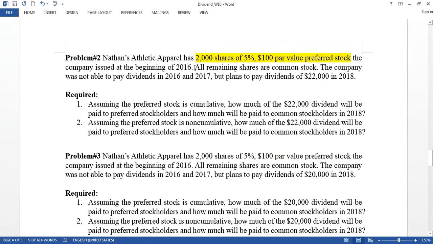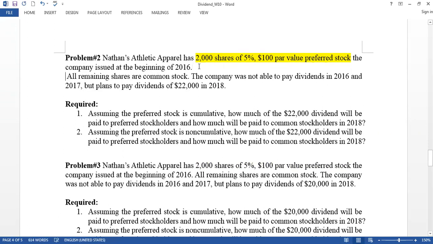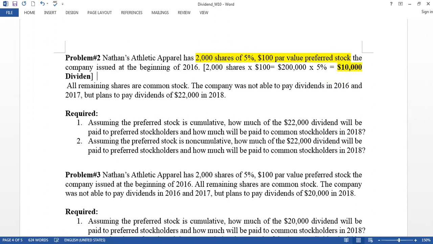This is your dividend. So you find that $10,000 is your dividend, right?